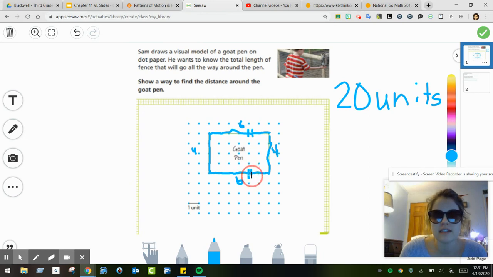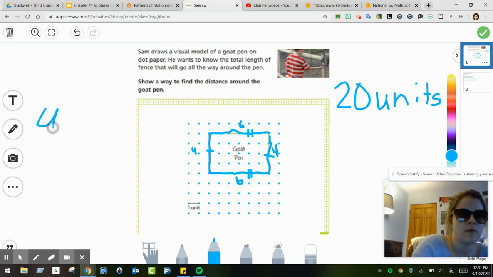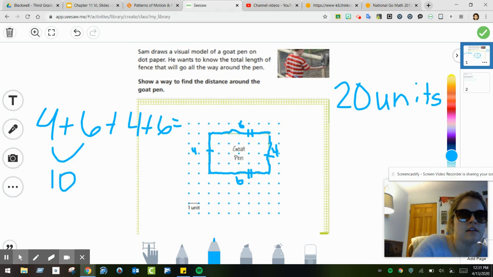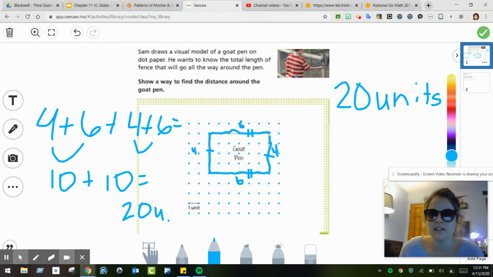And that also means since this side and this side are the same, they are also equal. I could add up 4 plus 6 plus 4 plus 6 and also get 20 units. 4 plus 6 is 10, plus 4 plus 6 is 10, and I could have gotten 20 units just the same. Let's try another one.